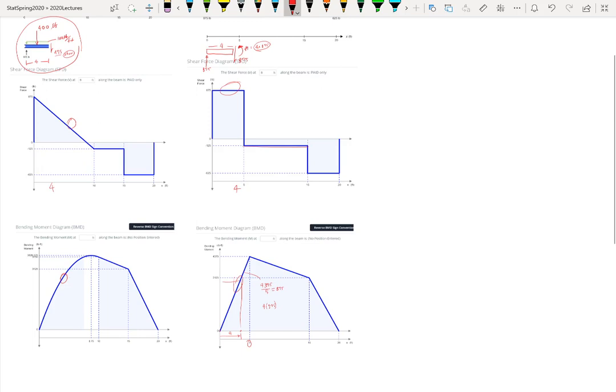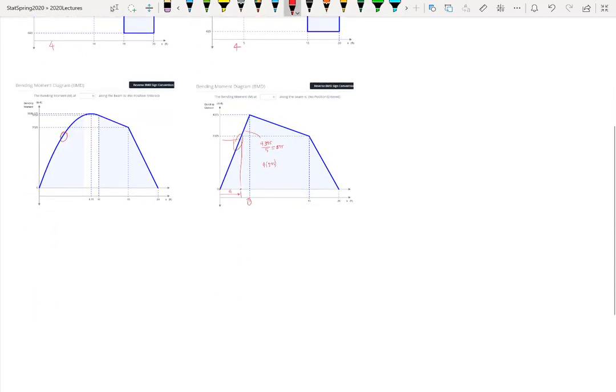So how do I find the moment on this left one? Let's just take this piece, draw it out. Looks like I had 875 here. I had this load here, but it's the equivalent of sitting right in the middle.